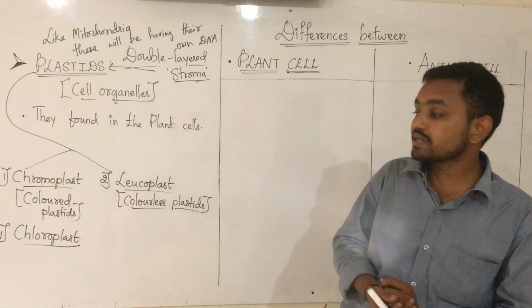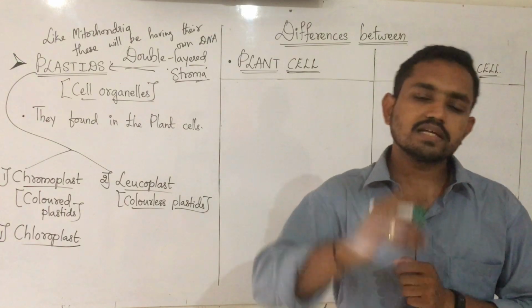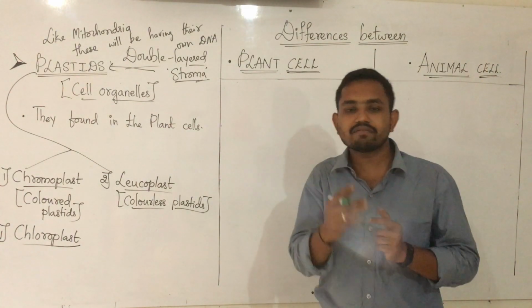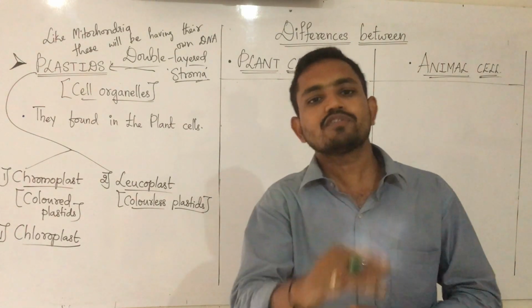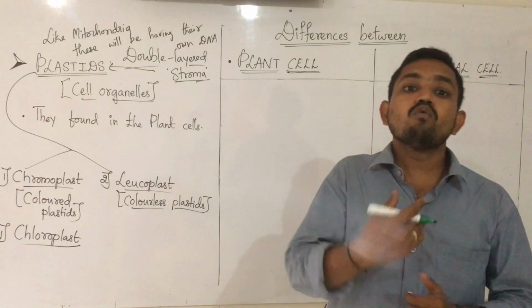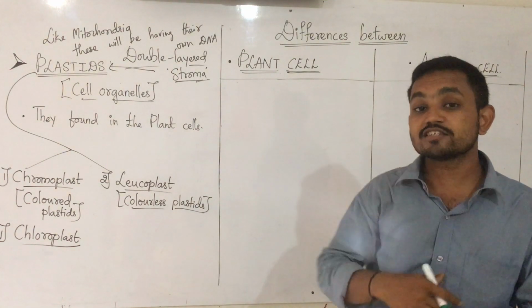More than 90% of chloroplasts have a green pigment, which we call chlorophyll. With the help of that pigment, they can prepare their own food, helping during the photosynthesis process.